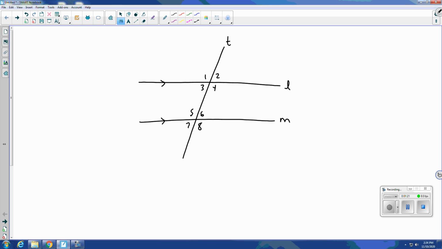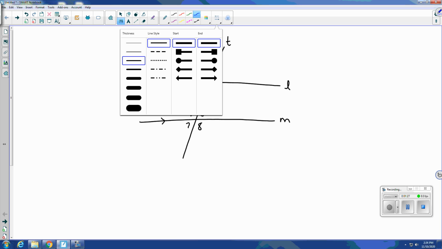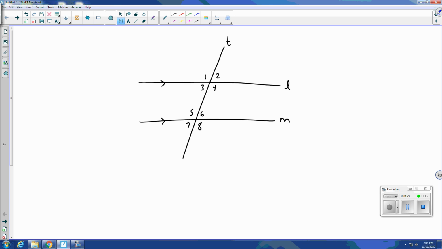Assuming that we know L and M are parallel, we can start to recognize some relationships between these angle pairs once we assume that one thing has to be true. And that thing is the corresponding angles postulate.